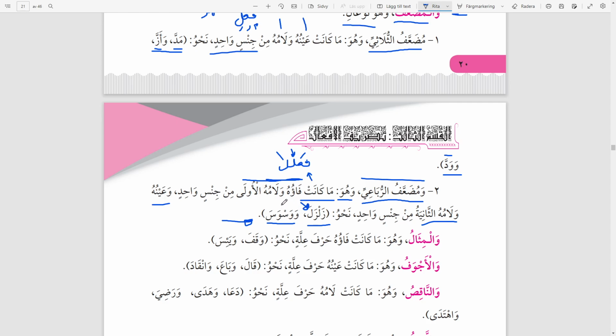Waswasa, to whisper, kind of like that is actually the sound that the act is making. And al-waswasa is also the sound of al-hali, which is jewelry, the sound of jewelry.